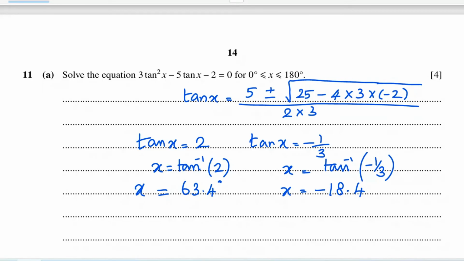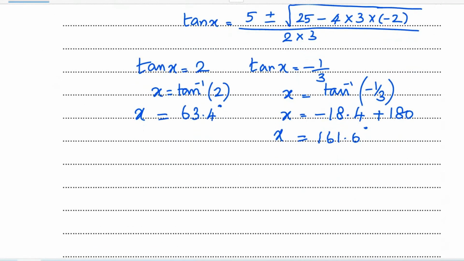So x value is between 0 and 180, so we'll add 180 here to get the positive value for x, which is equal to 161.6. So x equal to 63.4 degree and x equal to 161.6.